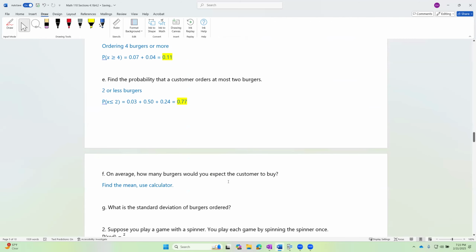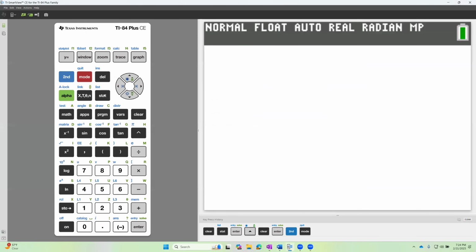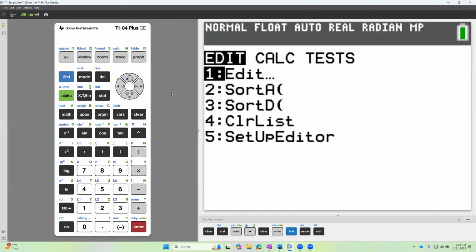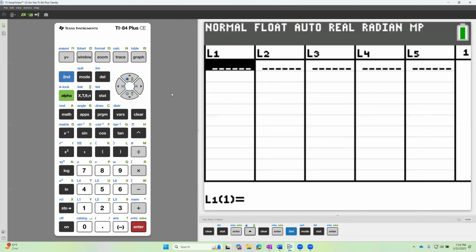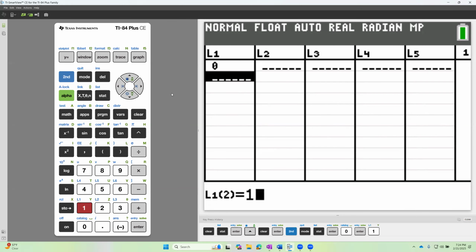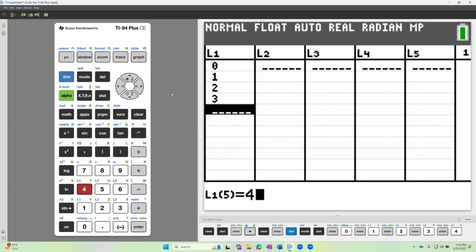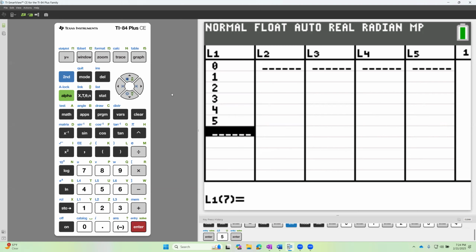On average, let me go to the calculator. I need to put everything in list one and list two. List one is my X values. So here it's 0, 1, 2, 3, 4, and 5. And now I need to put in my probabilities for those respective burger orders.